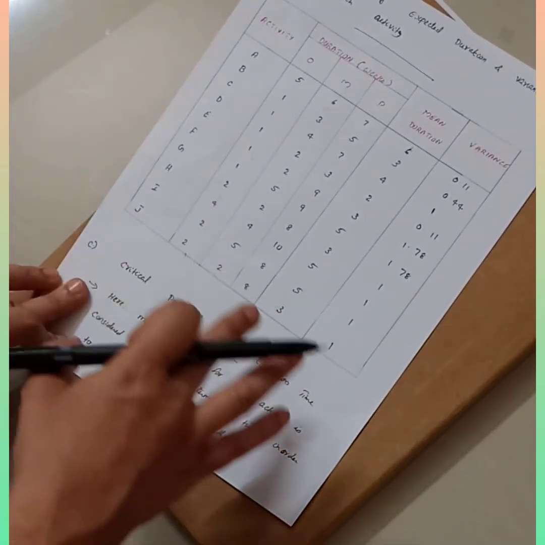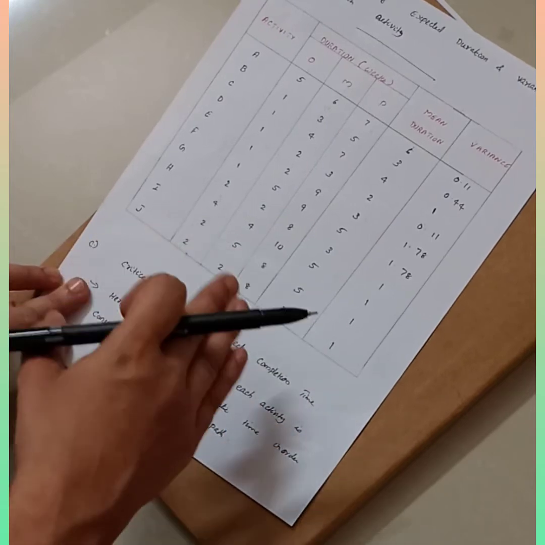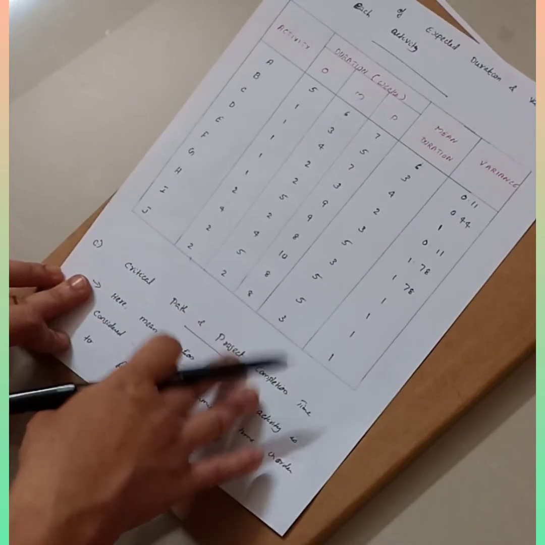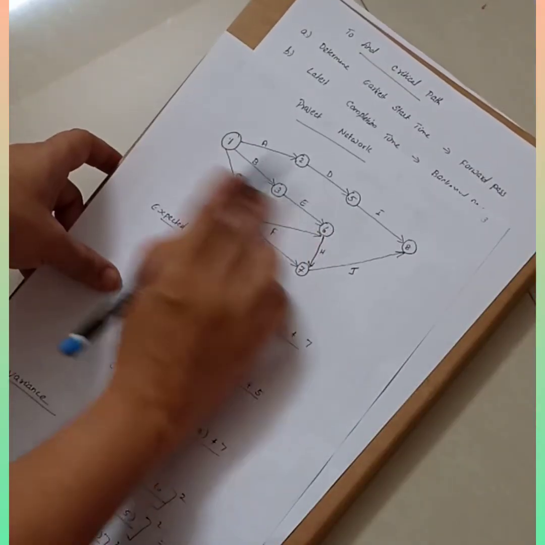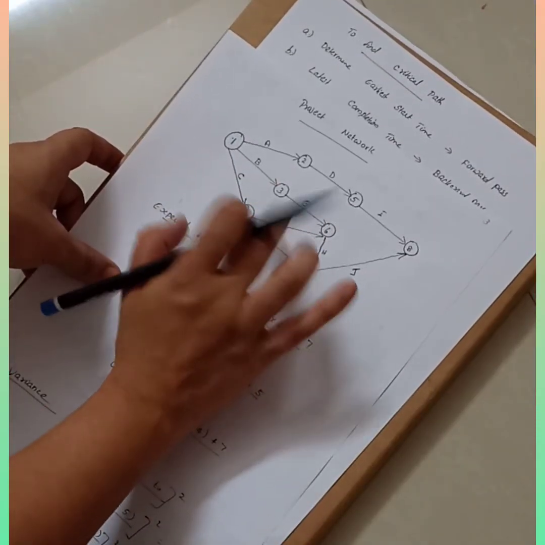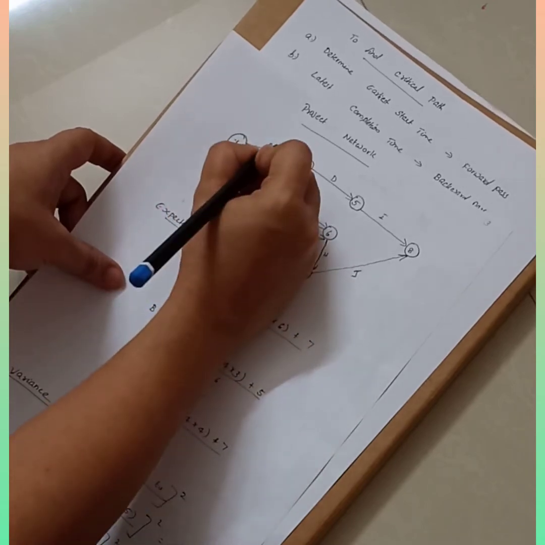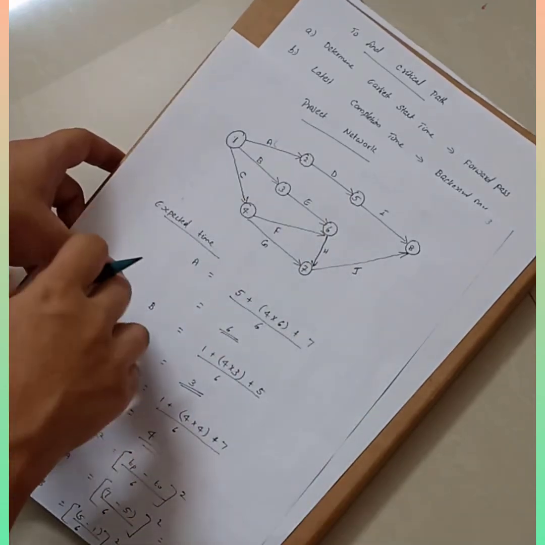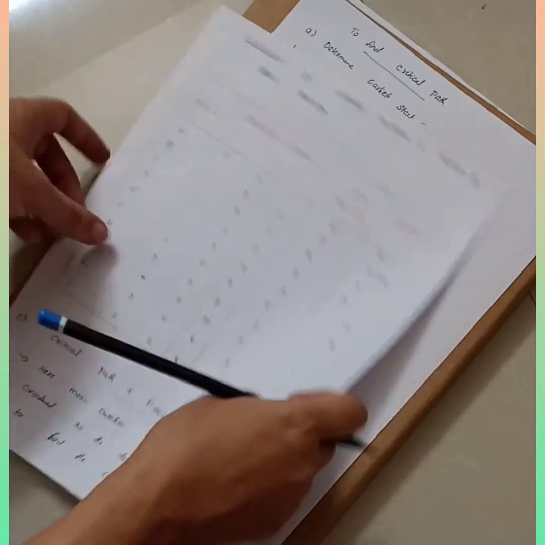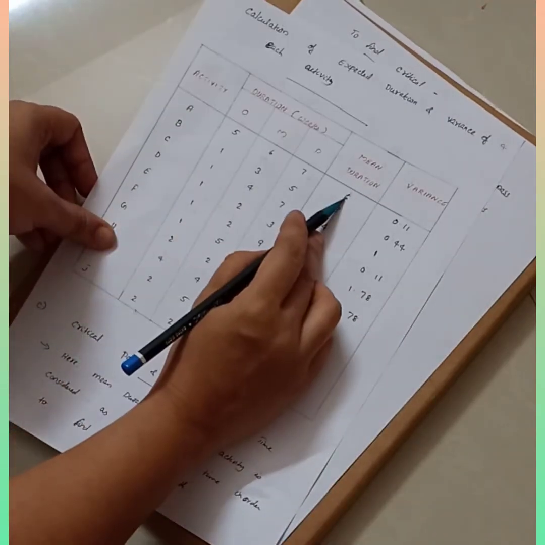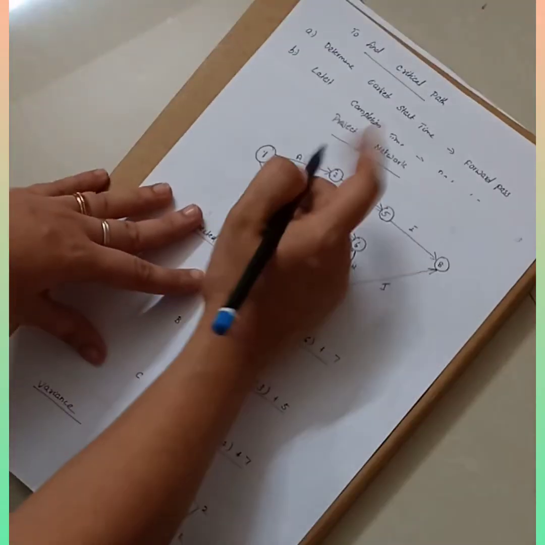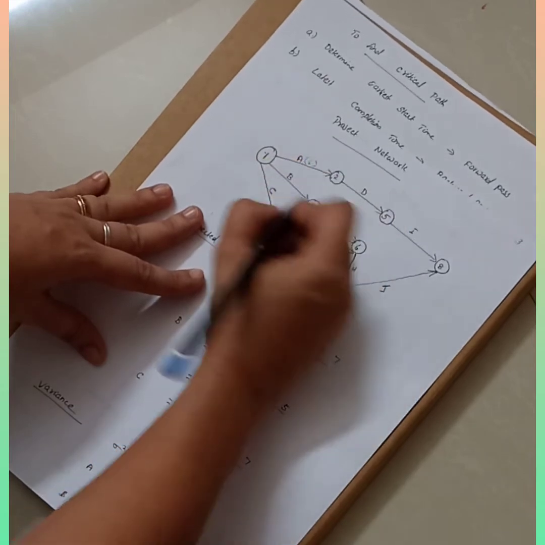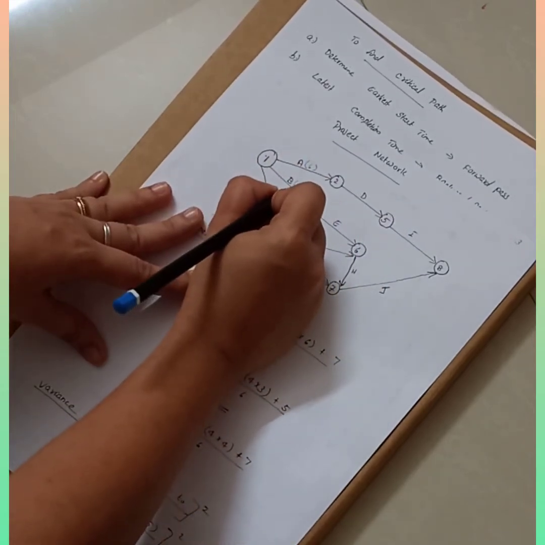Then the rest of the procedure is the same as how we did for the CPM method, correct? So you have your project network diagram. Here you can write the duration for each and every activity. How will you write the duration? For A the duration is 6, correct? So you can write it down there. So 6. Then for B the duration is 3.